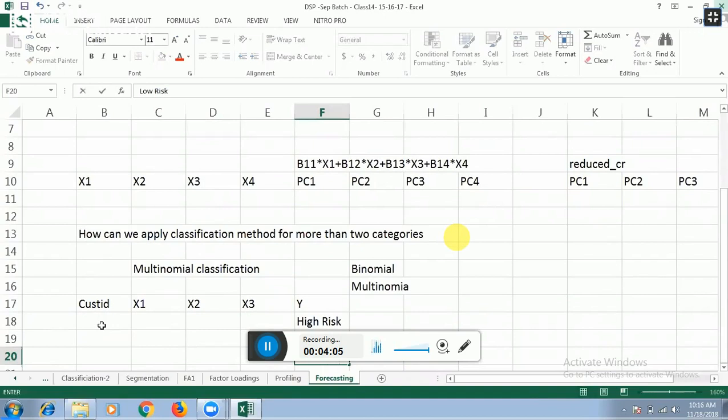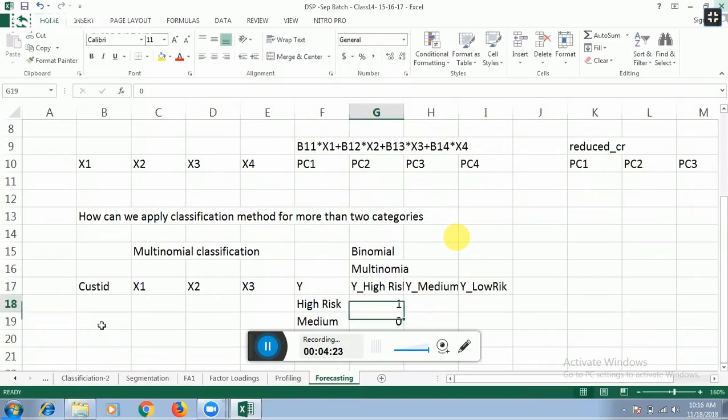So we will create three variables, y high risk, y medium risk and y low risk, just like dummy variables, where wherever high risk is there it is 1 and the remaining are zeros. Then you will build one model taking this as the dependent variable, and another model depending on the next variable, and the probabilities you will get.